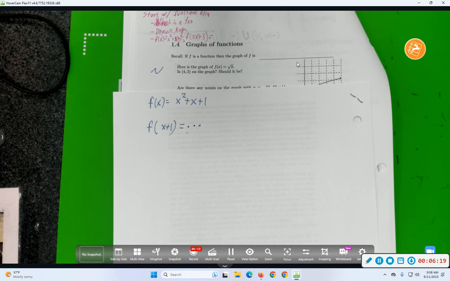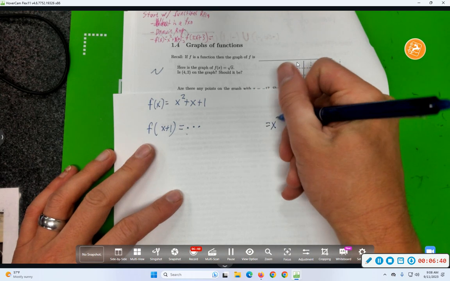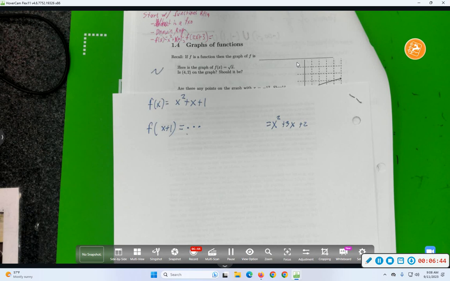Cool. So I haven't walked this out in advance or anything. What are people getting? Yeah. X squared plus 3x plus 2.